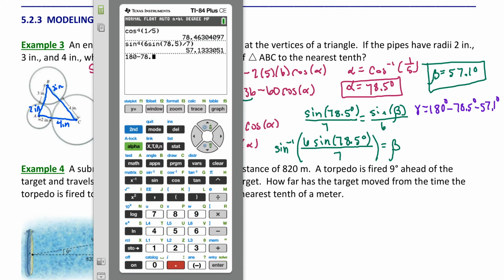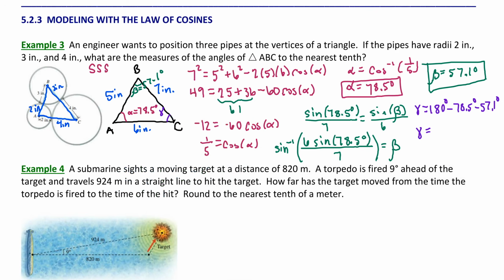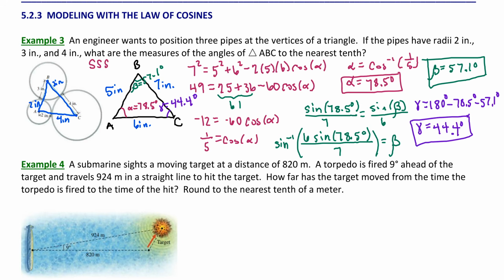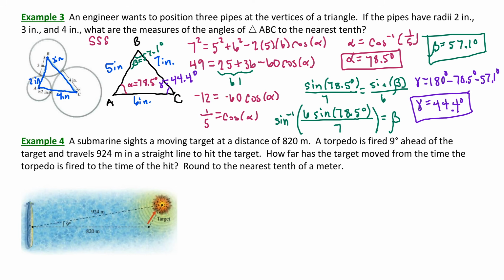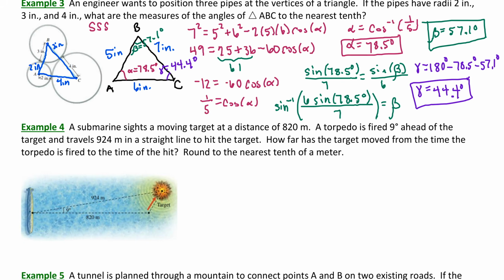So we'll evaluate 180 minus 78.5 minus 57.1, and our remaining angle then is 44.4 degrees. So we used both the law of cosines and the law of sines to solve this simple problem. Often engineers have to uniquely define parts for machines that they construct, and so you can see how the law of cosines and the law of sines would come in handy in a situation like that.